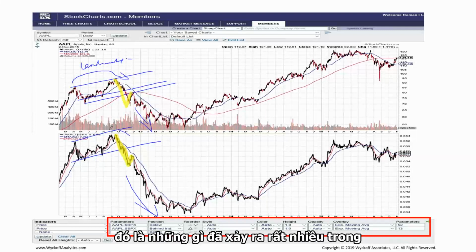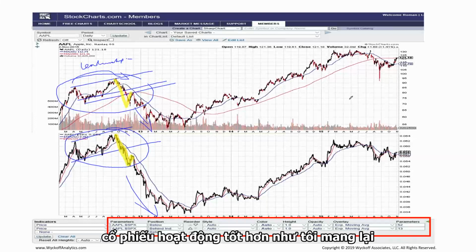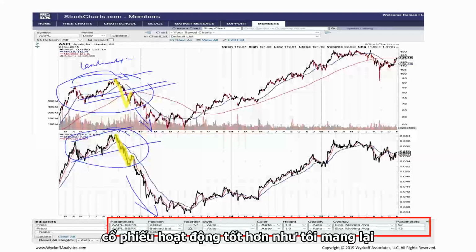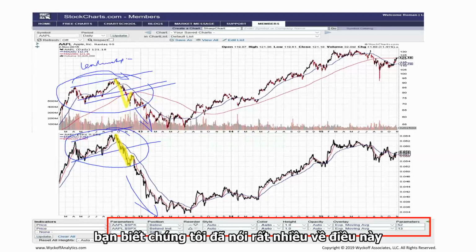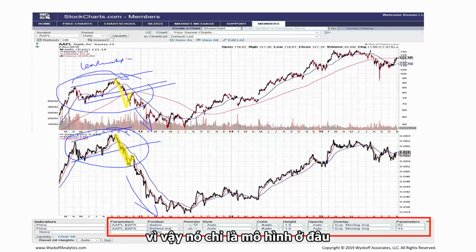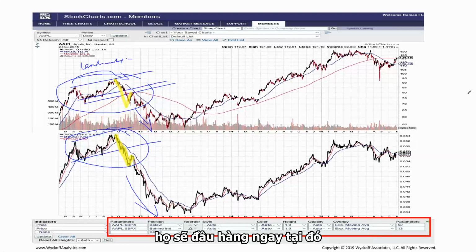And that's what has happened a lot in December with a lot of the outperforming stocks. Like I bring Navadir, we talked a lot about this. So it's just the pattern where the leaders are going to be a flight to quality until the last push to the downside, and then they're going to capitulate right there.